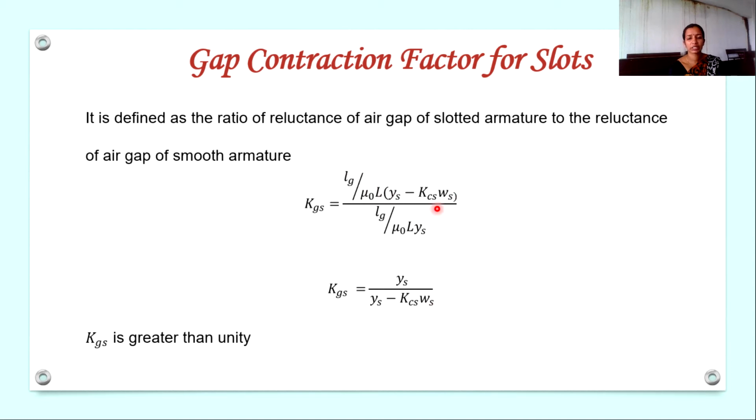Substitute, rearrange, then we will get KGS as YS divided by YS minus KCS into WS, and KGS is always greater than unity. Why? So the numerator is YS and the denominator is less than YS. So KGS will be greater than unity.